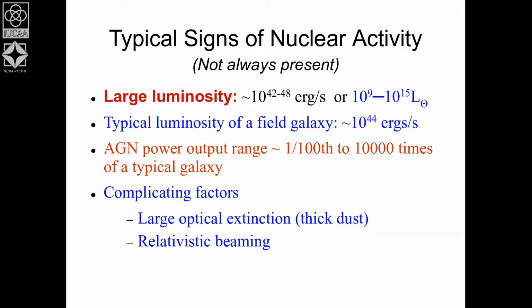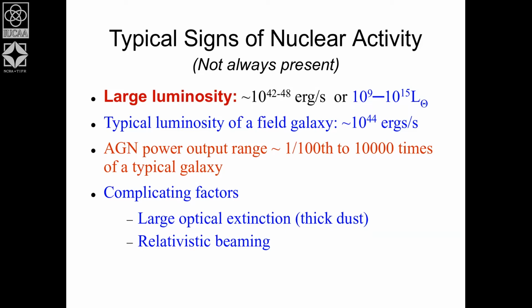To make sense of these numbers, let's compare with the luminosity of a normal galaxy, like let's say the Milky Way. The Milky Way has of course something like 10 to the power 11 stars, and let's roughly assume that all stars are emitting like our sun.